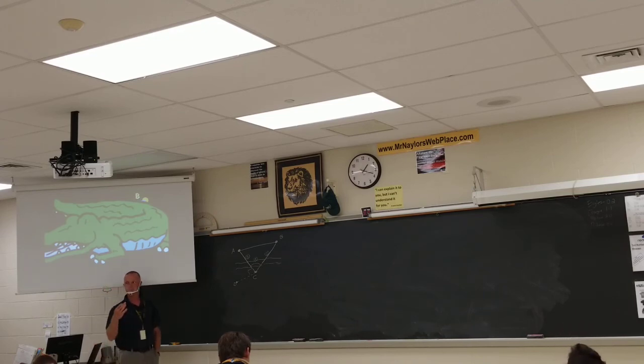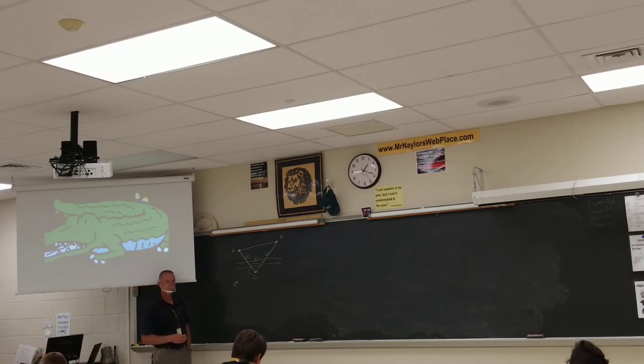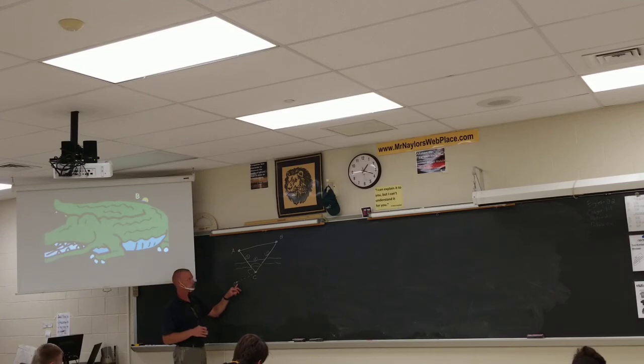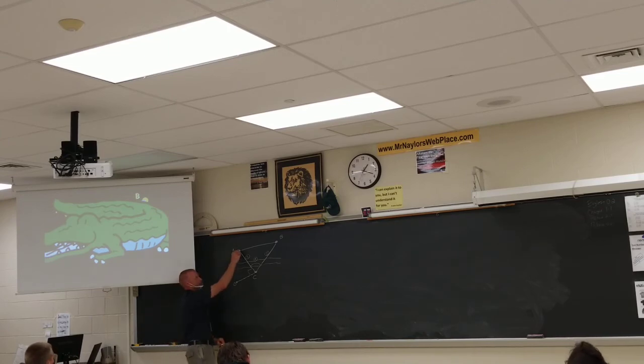Now we got a little bit more that we can measure. Just by making this point D right here, we've got a little bit more that we can measure. We can measure this distance. That'd be pretty easy with a tape measure. But you can also measure this angle.